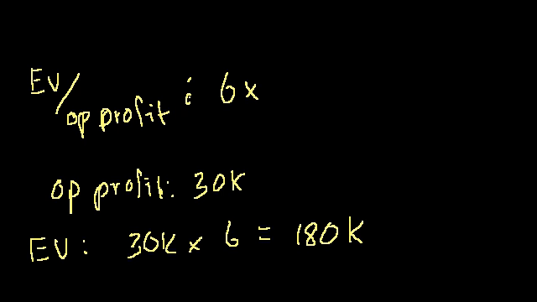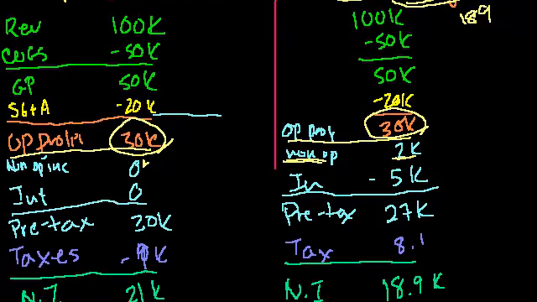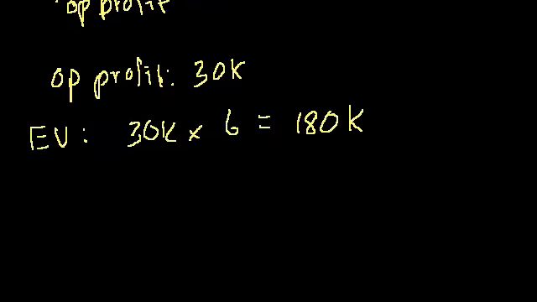Now for the first guy, if the EV is $180,000, if I'm saying that the market value should be $180,000, then I'm implying that the equity should be worth $180,000, and there are 10,000 shares. So I would take that EV and say, well, all of that's equity.